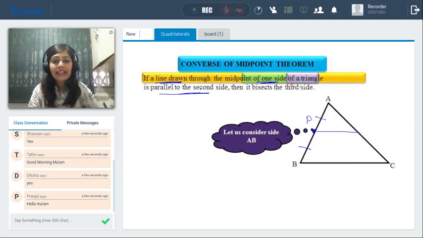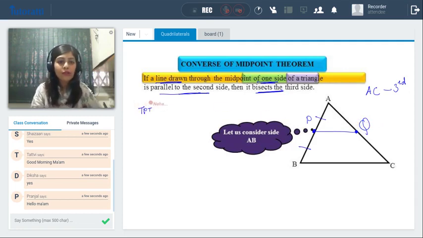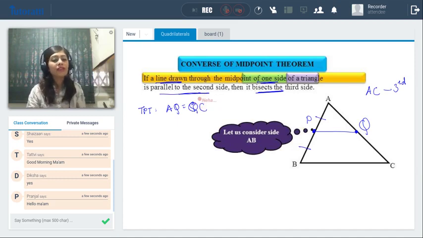Then what do we prove? That it bisects the third side. Now the third side that we are talking about is AC, right? So what we need to show is that Q bisects AC. We will prove that Q is the bisector of AC, or we are going to prove that AQ is equal to QC. This is what we get from the converse of the midpoint theorem.